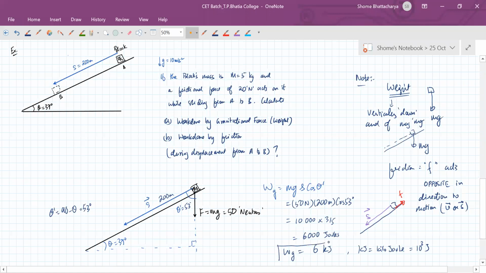This is the work done by gravity. Okay, so just write down this part and similarly calculate the work done by friction.